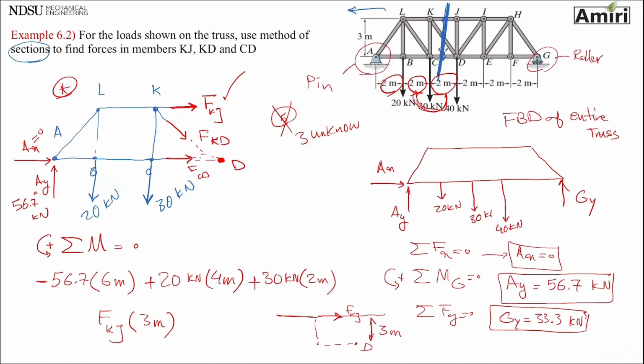And this force is trying to rotate this whole thing clockwise around point D. So that one is also negative, and that will equal 0. The only unknown here is FKJ. FKJ is going to be minus 66.7 kilonewton.